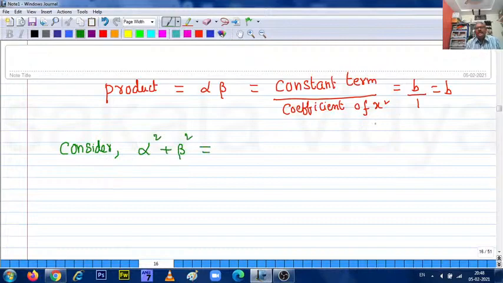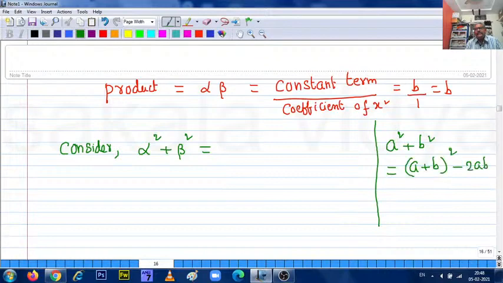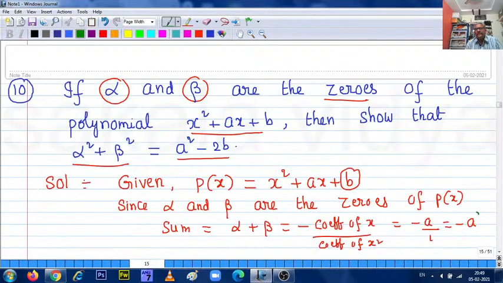So let us recall one formula in 8th class. A square plus b square equals, we can write a plus b whole square minus 2ab. This is an algebraic formula. So alpha square plus beta square, we can write alpha plus beta whole square minus 2 alpha beta. Let us substitute. Go back. Alpha plus beta is equal to minus a.